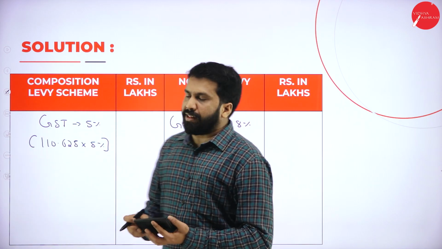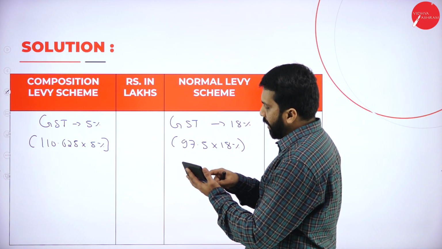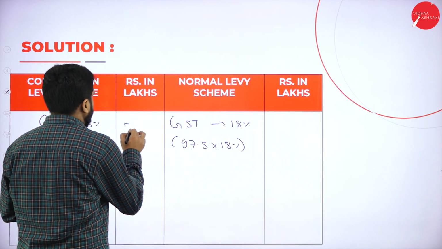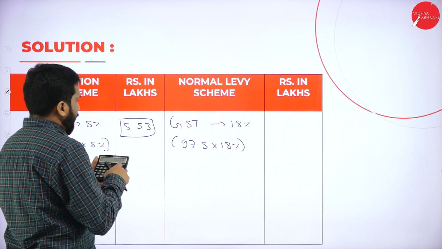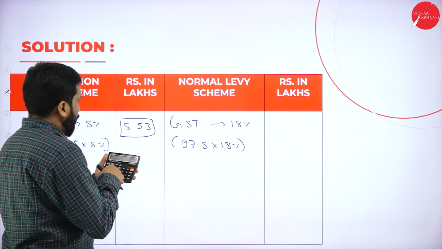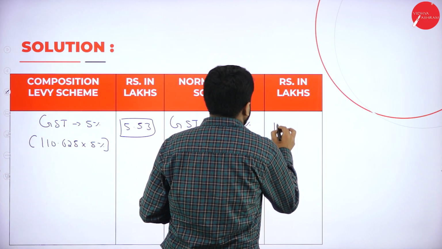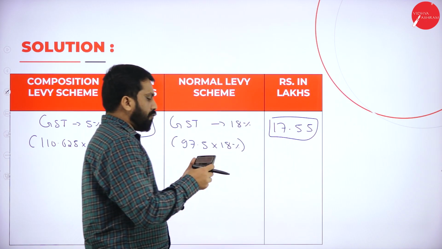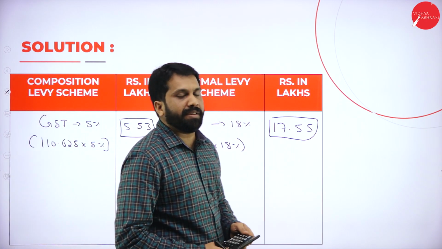Now we'll calculate. 110.625 into 5%, I got 5.53. If you calculate 97.5 into 18%, 17.55.